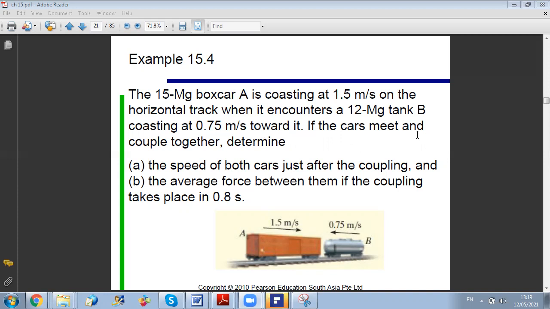If the cars meet and couple together, determine first the speed of both cars just after the coupling and the average force between them if the coupling takes place in 0.8 seconds. Usually in the exam they don't split the question for you directly; they say, for example, find the average force between them if the coupling takes place in 0.8 seconds. When they ask this question, you start with: what is F average? It is the impulse between them over delta t. Delta t here is given as 0.8 seconds.